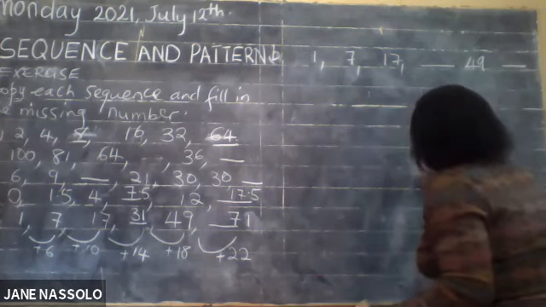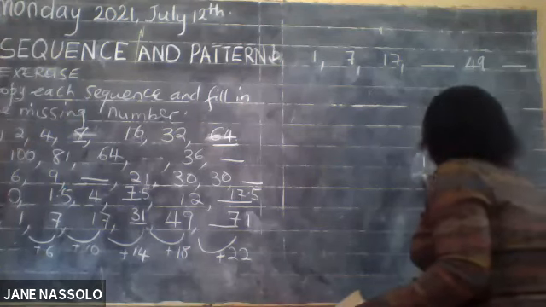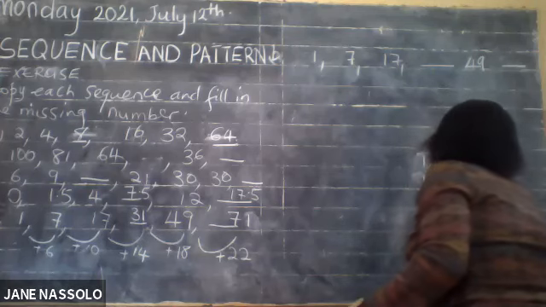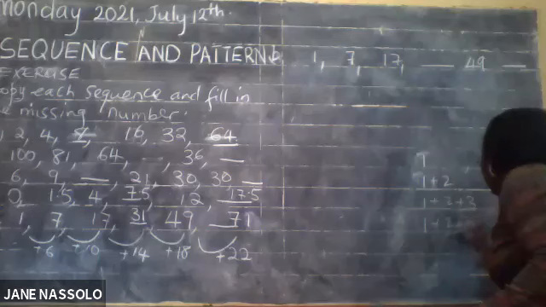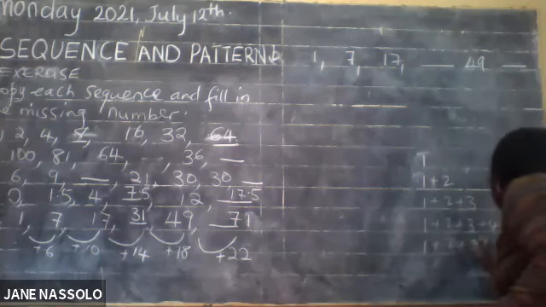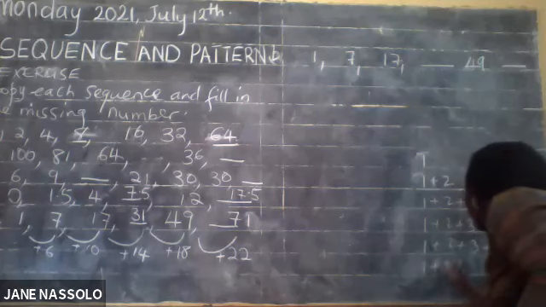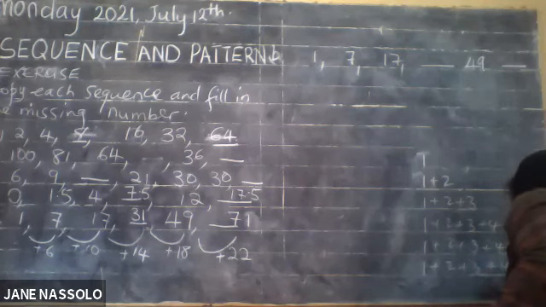The second one is 1 plus 2. The third one is 1 plus 2 plus 3. The fourth one, 1 plus 2 plus 3 plus 4. 1 plus 2 plus 3 plus 4 plus 5. 1 plus 2 plus 3 plus 4 plus 5 plus 6.